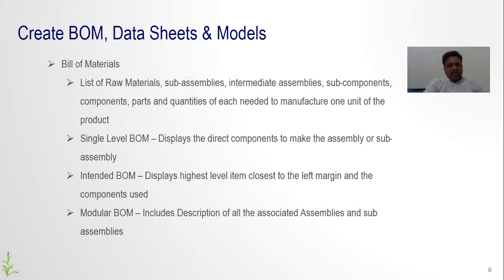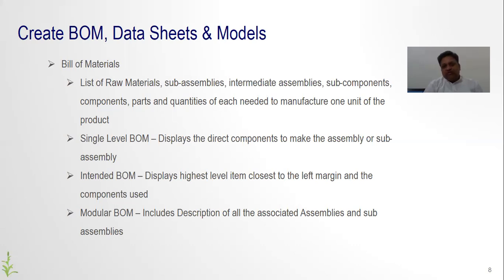So, creating a BOM. A bill of materials is a list of raw materials, sub-assemblies, intermediate assemblies, subcomponents, components, parts and quantities of each needed to manufacture 1 unit of the product.